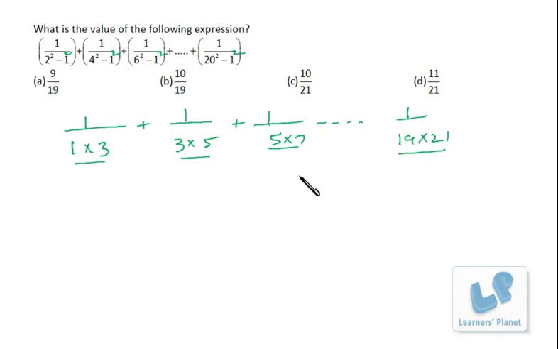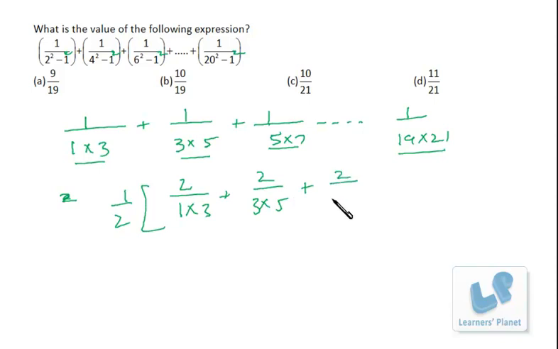So we can find a solution to this if we multiply the entire expression by 2 and divide it by 2. So it's divide and multiply by 2. So it's 1 upon 2, 2 upon 1 into 3 plus 2 upon 3 into 5 plus 2 upon 5 into 7, up to 2 upon 19 into 21.